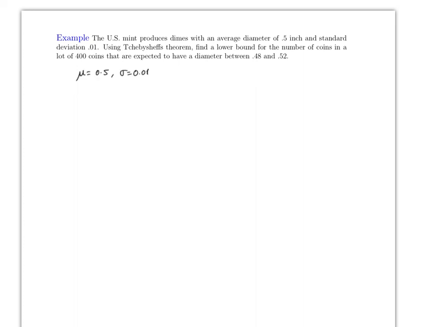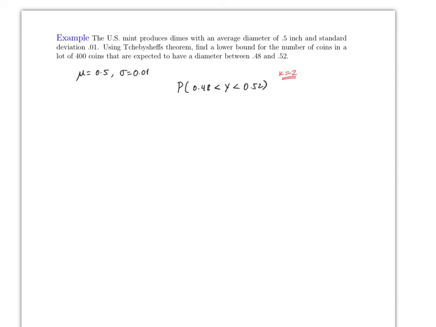Right, so notice here we have the following. Mu is 0.5 and sigma is 0.01. So here, if we want the probability between 0.48 less than y less than 0.52, notice that it is obvious that the value for k is 2. Why? Because 0.50 plus 1 standard deviation is 0.51, plus 1 more is 0.52.